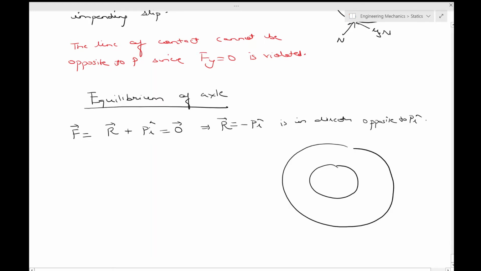Say this is P, and then this is R. So R is equal to minus P, so the sense of the direction is clearly opposite, no problem.